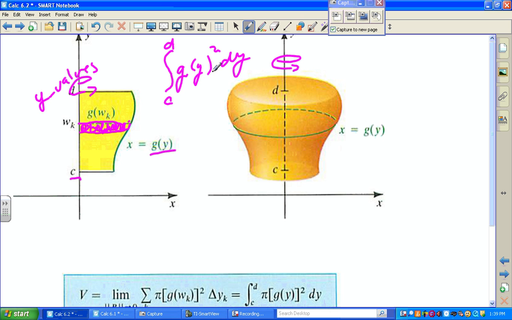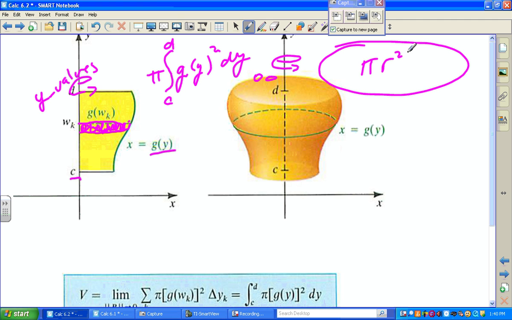Two more things I have to change. I have to square it, and I have to put a pi. If you think about it, it is like finding the volume of a cylinder, and the integral sign is just adding up all those cylinders together. Okay? Pi r squared h. So it's the integral of g of y squared dy, and then pi goes outside your integral because it's circular in nature.